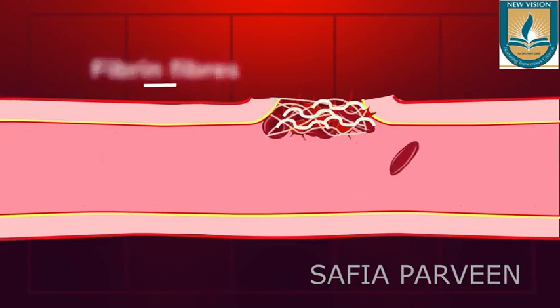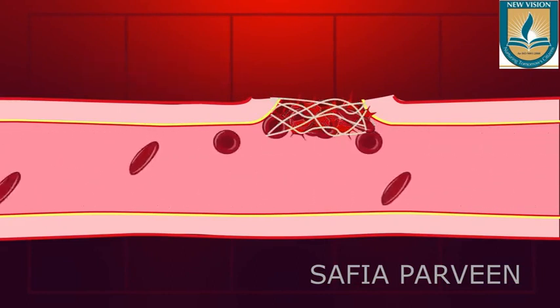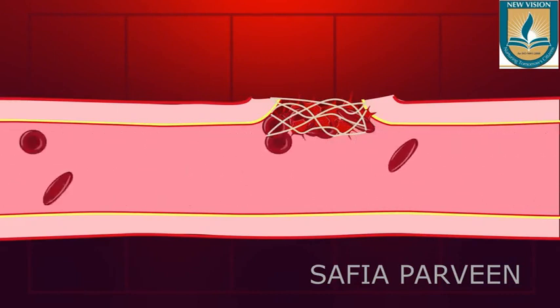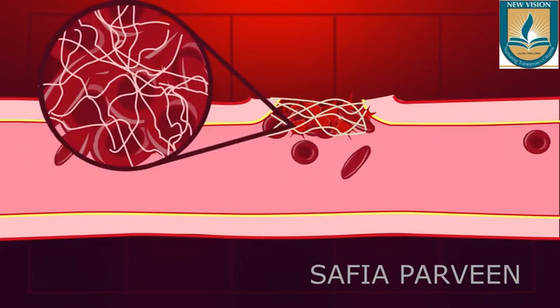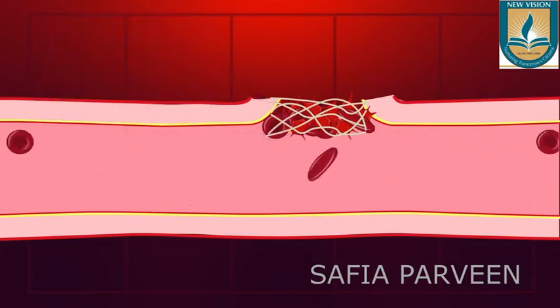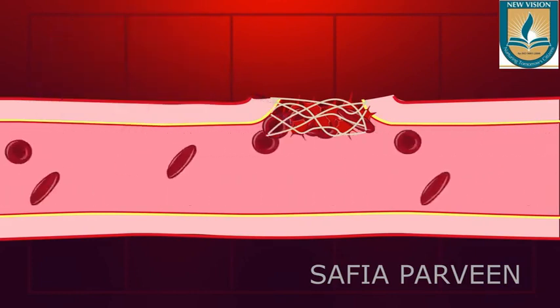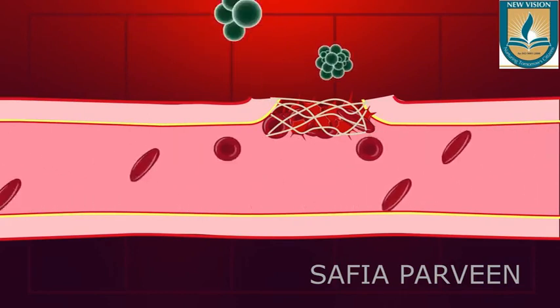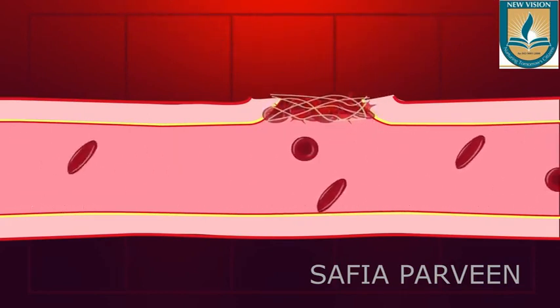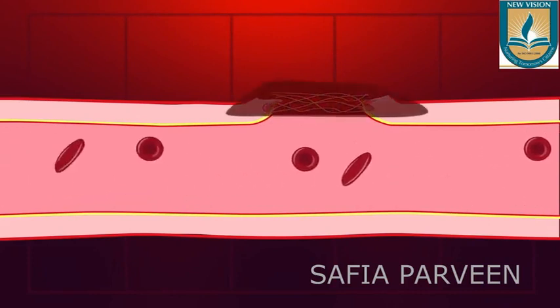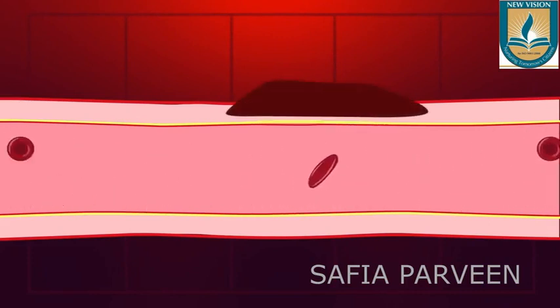The fibrin fibers are very tensile. They can pull the skin together by causing a pulling effect on either side of the blood vessel. These are sticky fibers and they stick to the ends of the blood vessels. They prevent the entry of any pathogens and slowly cause the healing of the blood vessels.